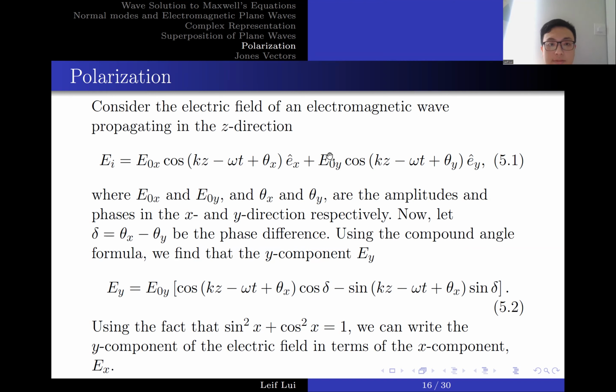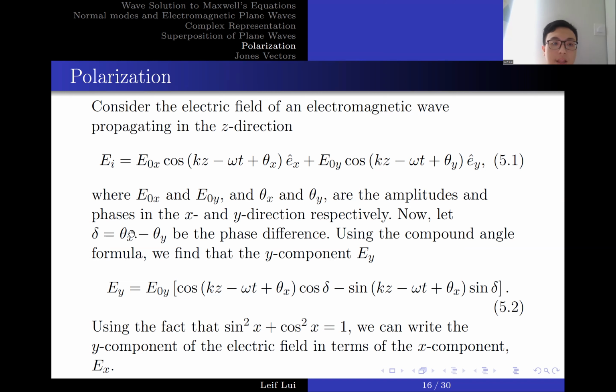So consider an electric field of an electromagnetic wave propagating in the z direction. Since it's propagating in the z direction, the electric field can only oscillate in the x and y directions. So we have this, where E naught of x and E naught of y, and theta of x and theta of y, are the amplitudes and the phases in the x and y directions, respectively.